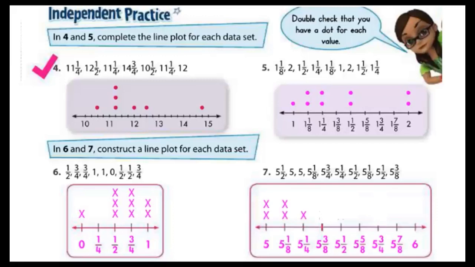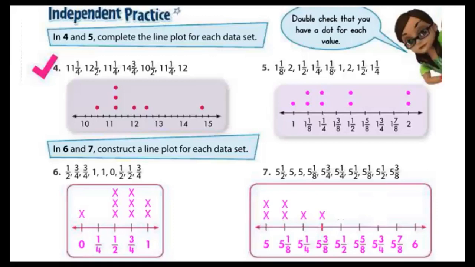The following one will be 5 and 3 over 8. How many 5 and 3 over 8 do we have in the statement? Search, focus, think, answer. Yes, just 1 time. Here is 5 and 3 over 8. I'm going to write just 1 x over the value. The following one will be 5 and a half.